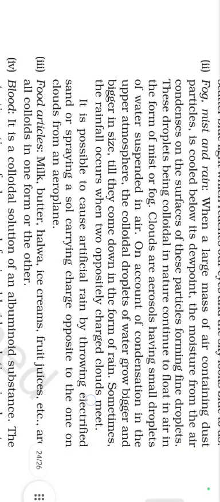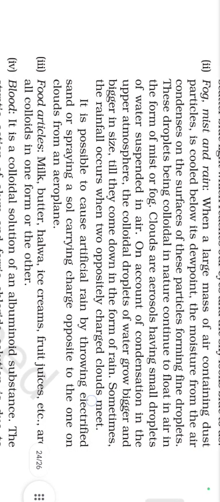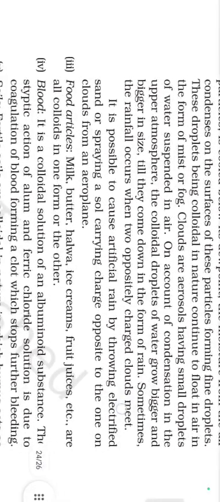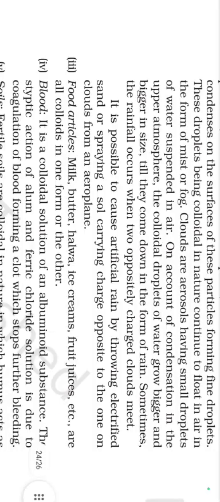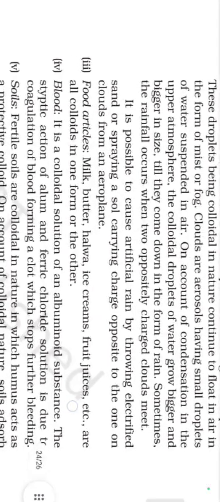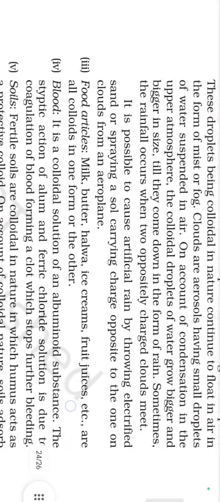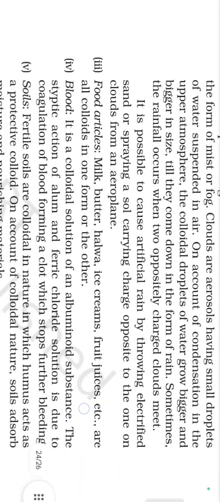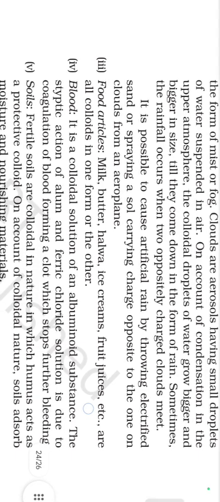When a large mass of air containing dust particles is cooled below its dew point, the moisture from the air condenses on the surface of these particles, forming fine droplets. These droplets, being colloidal in nature, continue to float in air in the form of mist or fog. Clouds are aerosols having small droplets of water suspended in air.